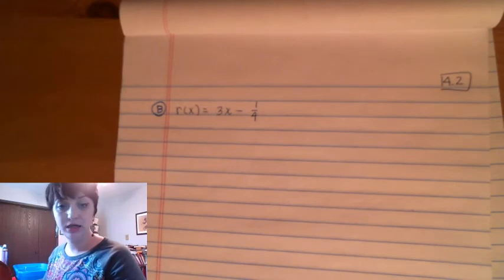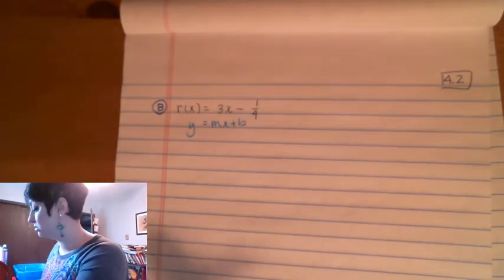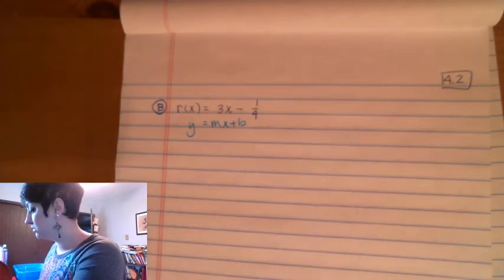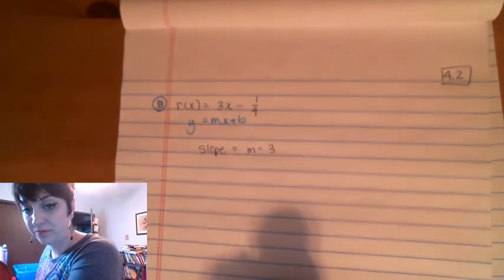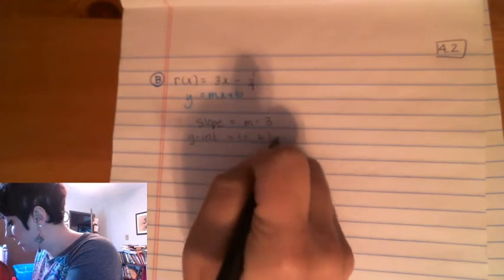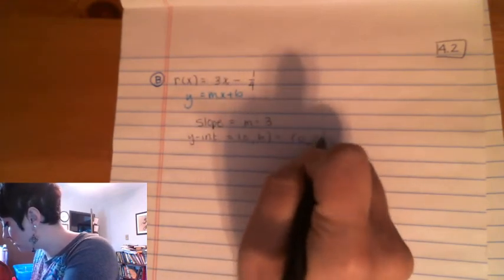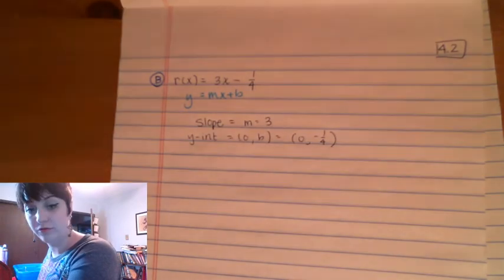Write this as y equals mx plus b, and find your m, which is your slope. It's the coefficient on x, so it's 3 here. Your y-intercept is 0, b, and in this case it's 0, negative 1/4.